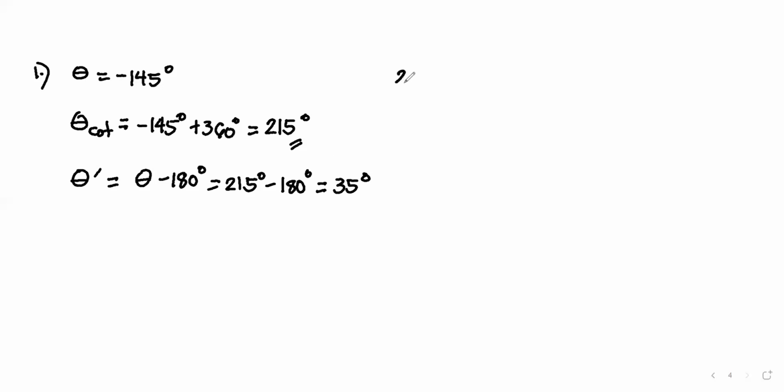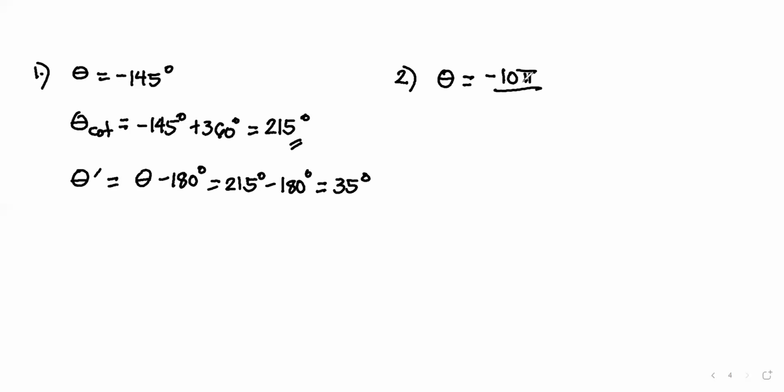Next, how about if the given theta is in radians and it's negative? It's just the same. First get the coterminal of the given angle, then identify what quadrant it is in, then use the formula to find the reference angle.